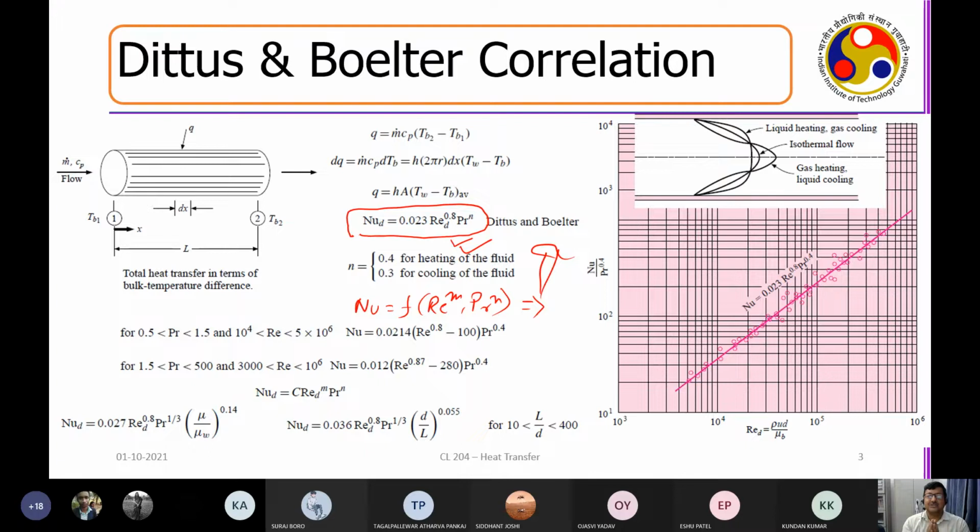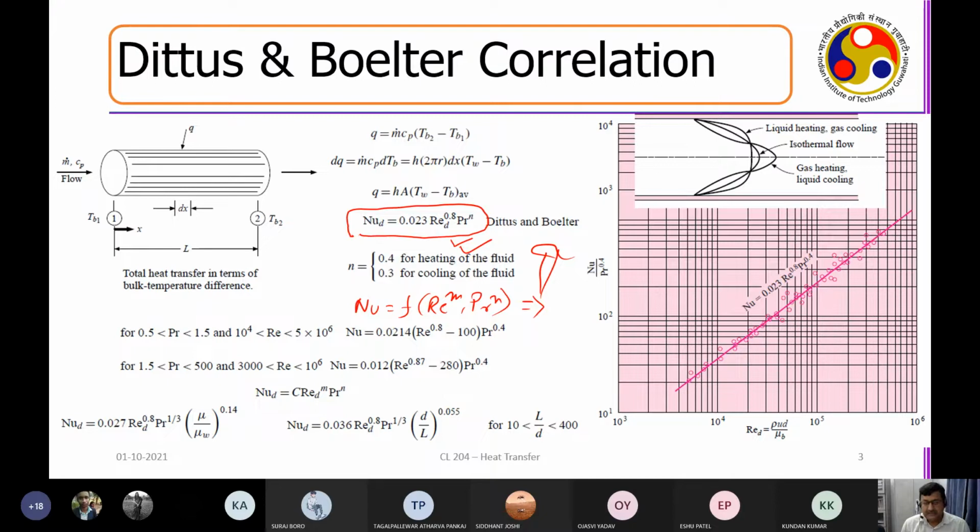So this particular relationship is called the Dittus-Boelter correlation, which is very, very important to obtain what? Essentially you are looking for a heat transfer coefficient, which is a very important parameter in order to determine the total convective heat transfer that is happening for the given phenomenon.